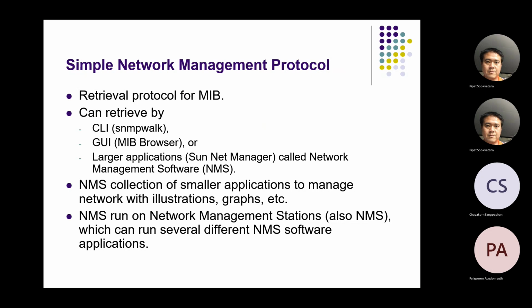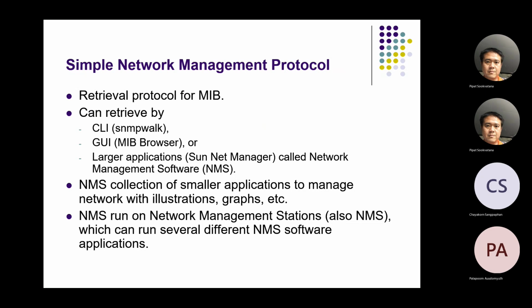Or if you want to program, they provide us more API interfaces. For example, they have SNMP walk, C++, and Java API SNMP. They have SNMP walk. So what is SNMP walk?